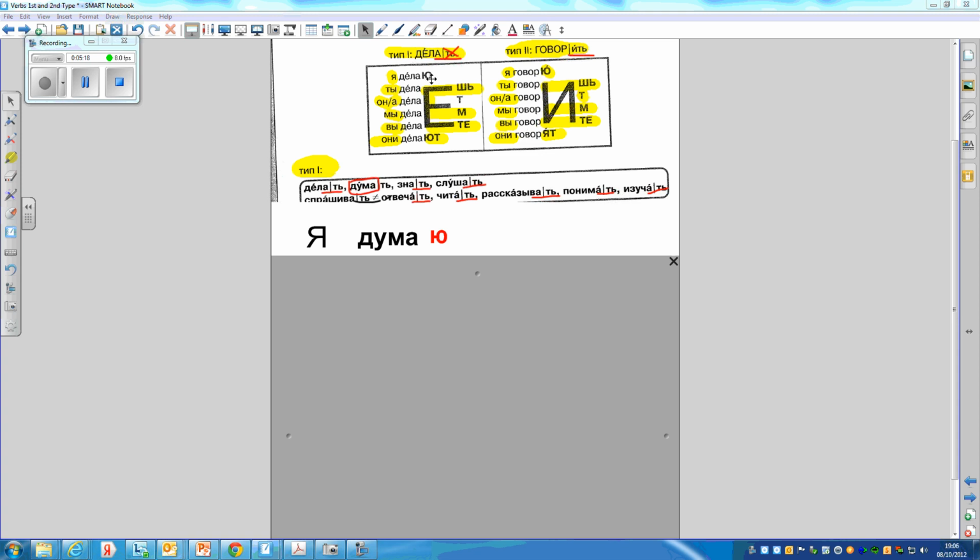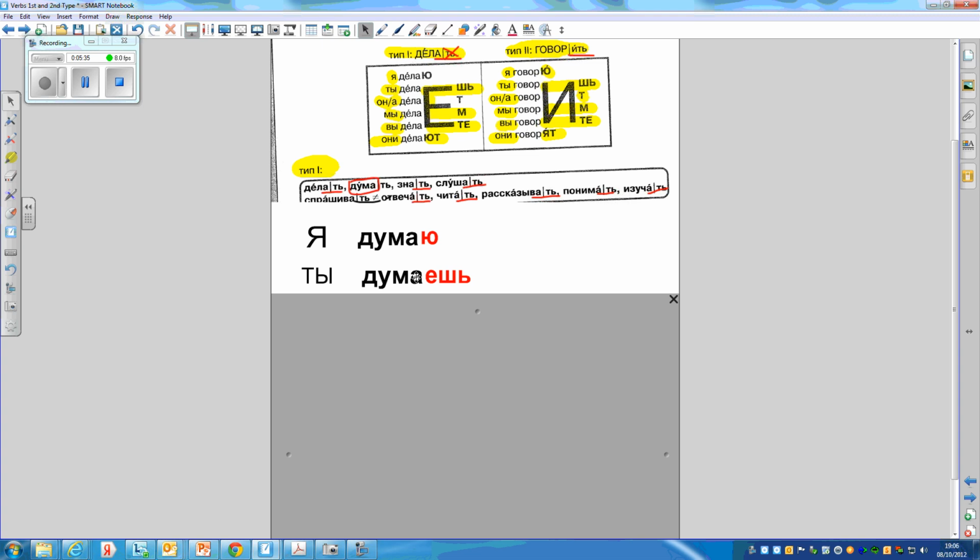Then you look at the ending: я делаю, so it will be я думаю. Ты дума, and you know that should be ешь. Let's see. Yes, ты думаешь. So it's the same as this, right?